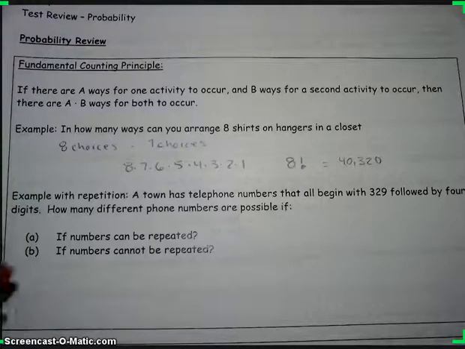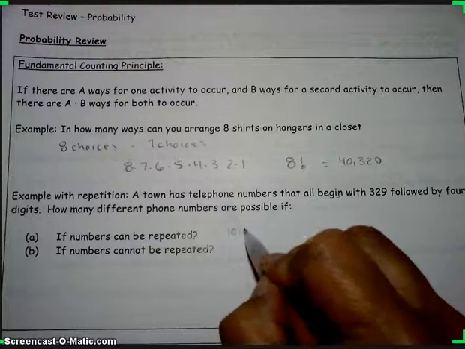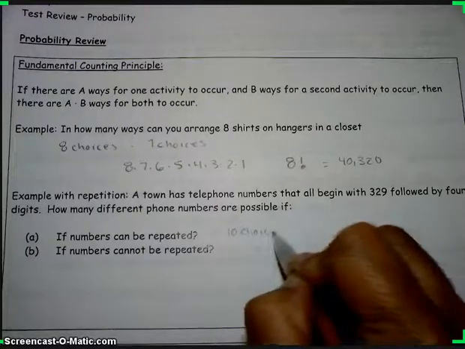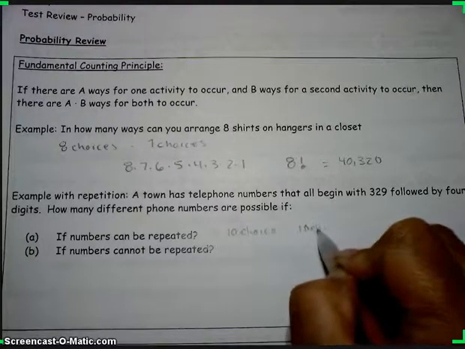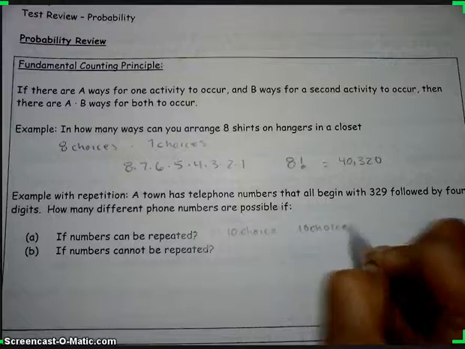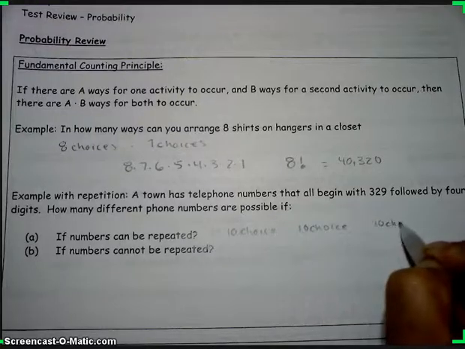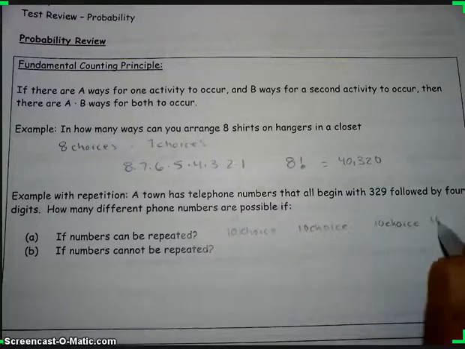Another thing we talk about with the fundamental counting principle is with repetition or without. The example here says a town has telephone numbers that all begin with 329 followed by 4 digits. How many different phone numbers are there if we can repeat? If you can repeat, you have 10 choices for the first digit, 10 for the second, 10 for the third, and 10 for the fourth.